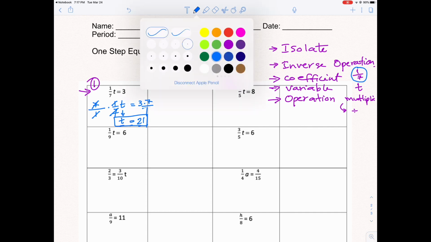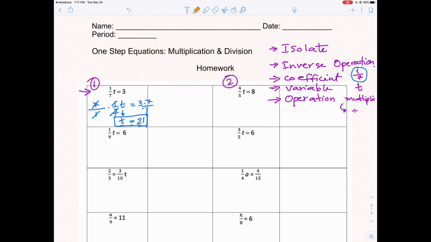What's the next step in solving an equation? Once we have a value, we have to check our work. How do we check? Substitute. I have a value, so I have to insert it in my original equation: 1/7 t is equal to 3. According to this equation, t is equal to 21.